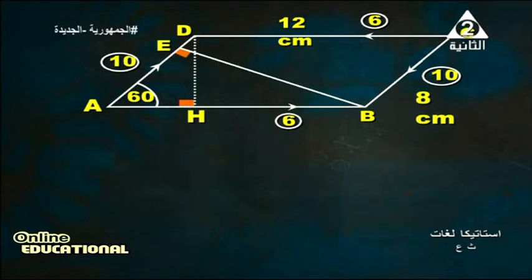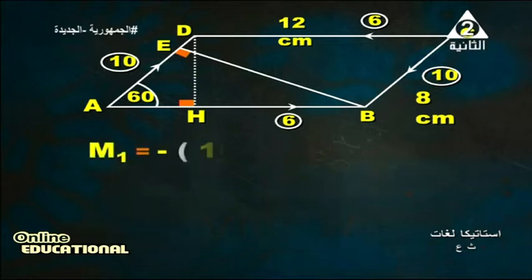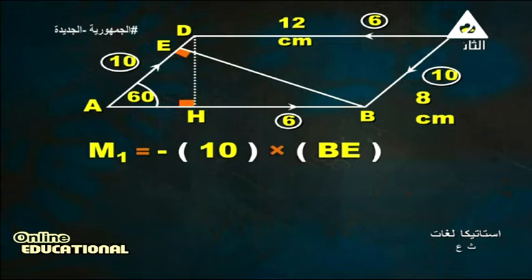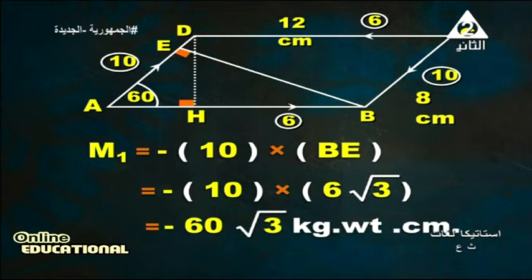The two forces 10 and 10 form a couple with moment M1. What is the value of the moment? Negative 10 times BE. Negative 10 times 6 root 3 equals negative 60 root 3 kilogram weight centimeter.